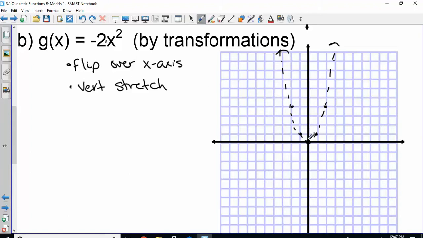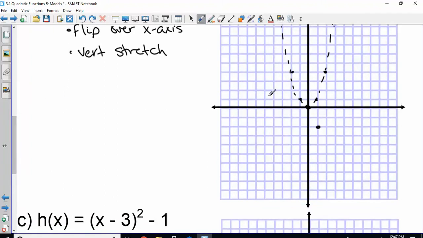So we're really just taking all of our y's times negative 2. So here's a y value of 0 times negative 2 is still 0. Y value of 1 times negative 2 is negative 2. Y value of 4 times negative 2 is negative 8. Same thing over here. So what happens is we have a skinny upside down parabola.